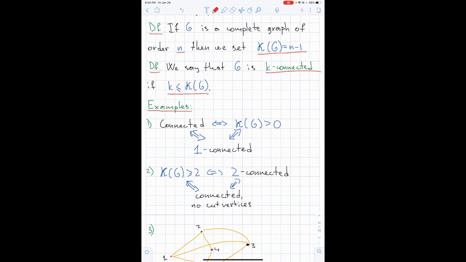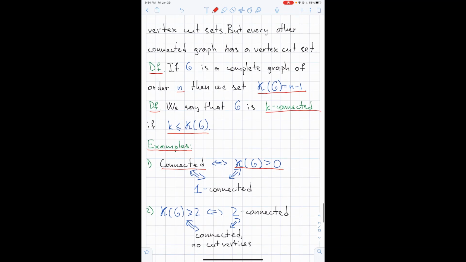So saying connected is the same as saying that kappa is greater than 0, right? Because the way we define things, we set kappa equal to 0 only for disconnected graphs. So that's just by definition. And therefore, connected means that it is one connected, right?